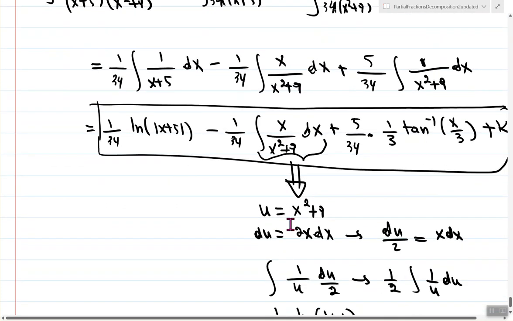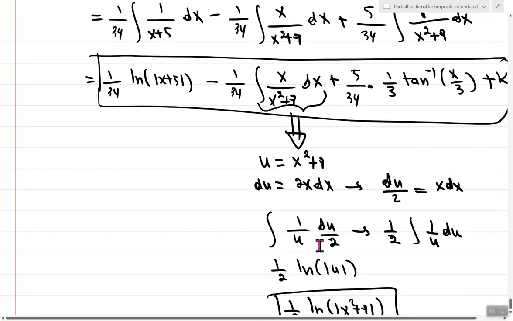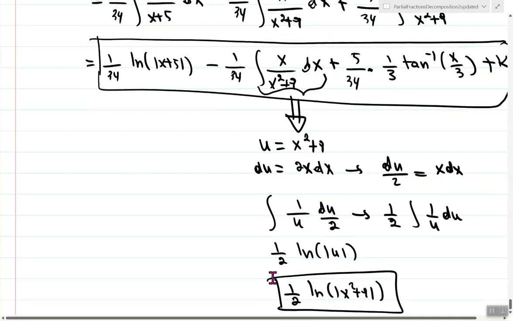So if you let u be x squared plus 9, then du is 2x dx, so du over 2 is x dx. So when you plug in the u, you get 1 over u du over 2. Bring 1 over 2 outside, then you only end up with the integral of 1 over u, which is natural log of absolute value of u. And then you replace u by x squared plus 9, and then you're done.